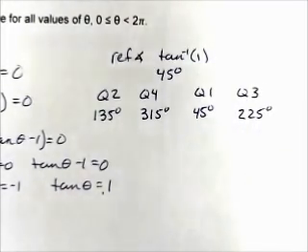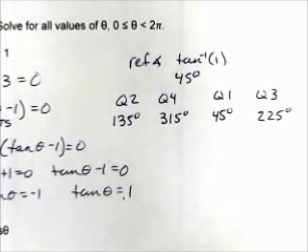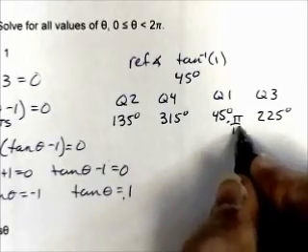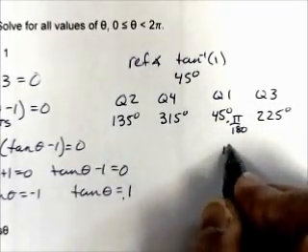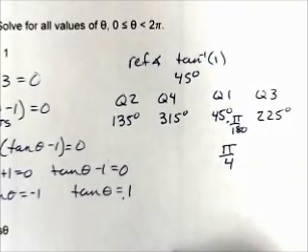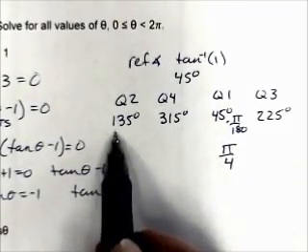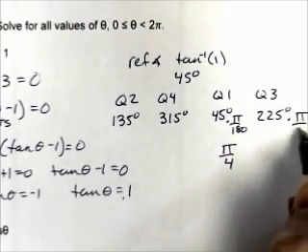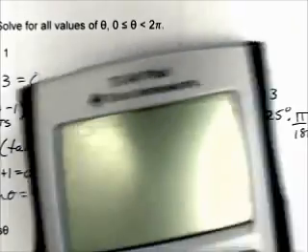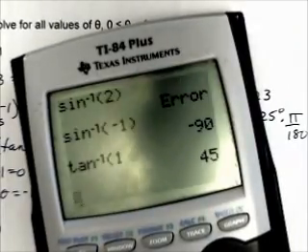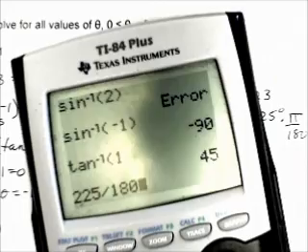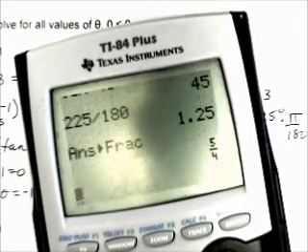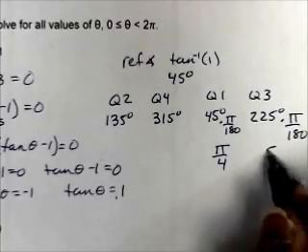So here we have our 4 angles, all in degree measure, convert to radians, timesing by pi over 180. That would be pi over 4 radians for the 45 degrees, right? 225 divided by 180 is 5 pi over 4.